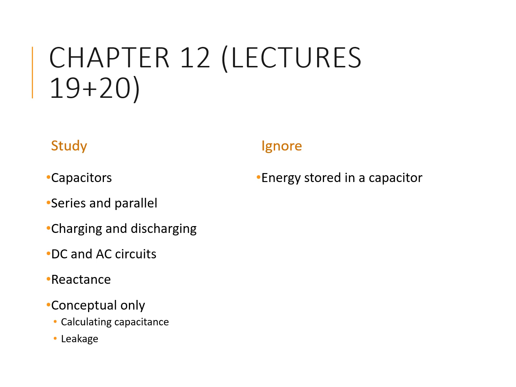So for AC, the reactance value, so that XC value, be able to calculate it. We didn't really use it for this chapter very much, but when we came back to it in chapter 15, that was where it was more useful. In the conceptual part, that will be where you have calculating capacitance.